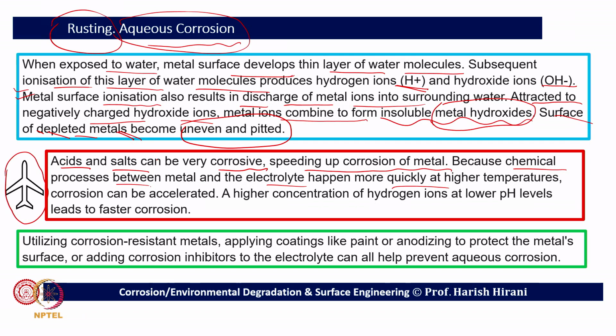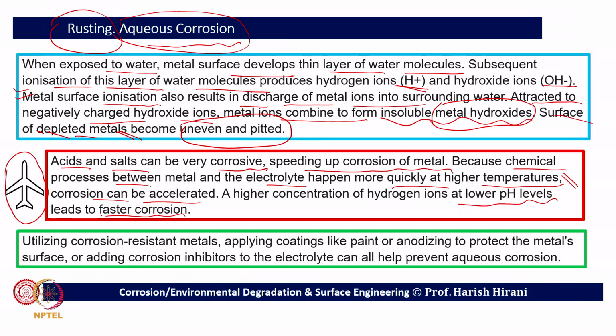Now, this was only the acid environment; now we are talking about temperature also. If you increase the chemical activity of the electrolyte, corrosion will increase. If you increase the temperature, because energy increases, the corrosion rate is going to increase. And last, if you reduce the pH value, which may be related to acid formation, then the corrosion rate also will increase.